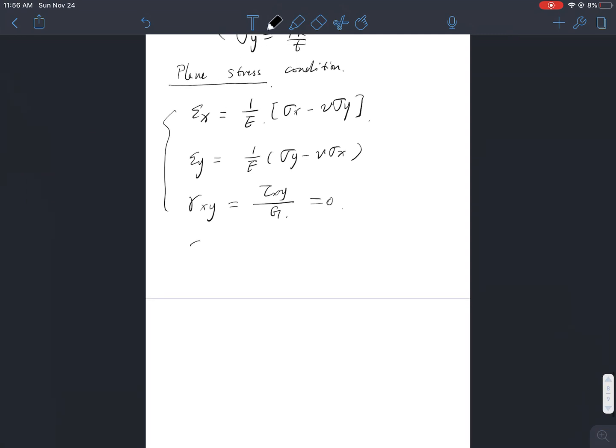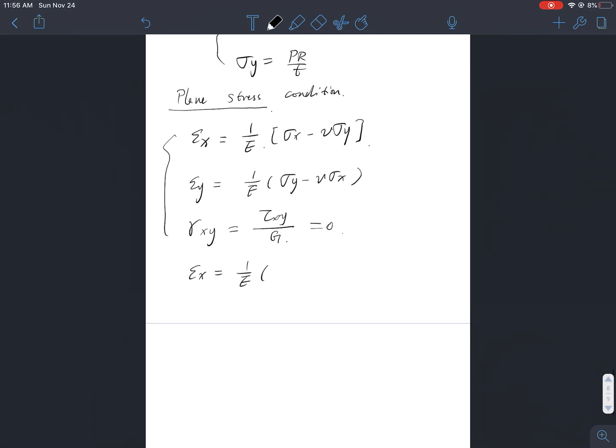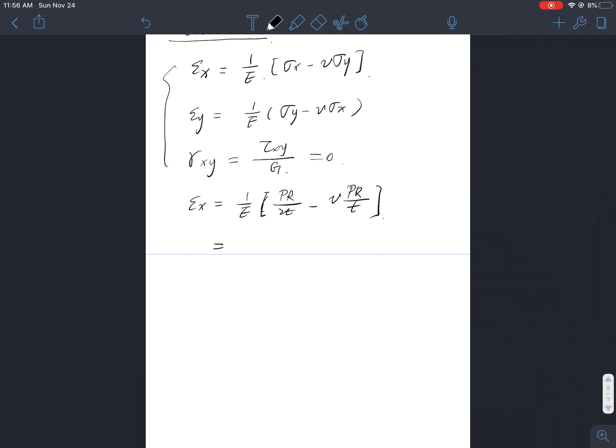So let's write it out. Epsilon x equal to 1 over E times sigma x, PR over 2T minus nu PR over T. Okay, so let's get a collected form. So PR over ET, bracket inside 0.5 minus nu.